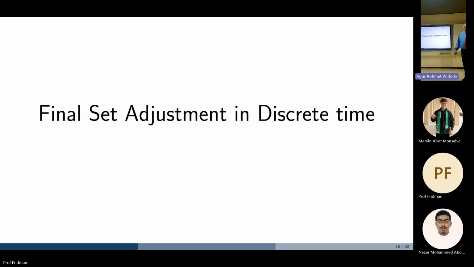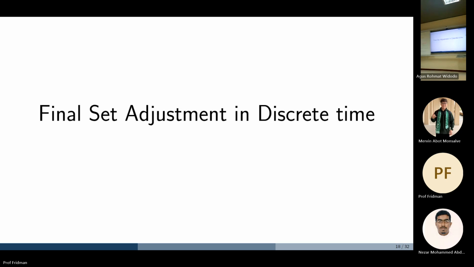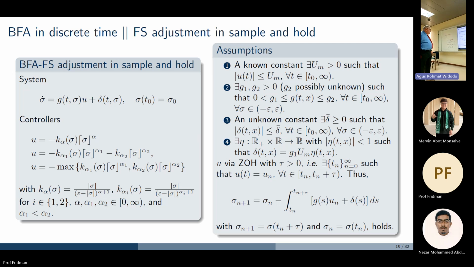And this is the last step. I'm not sure that it is already published. It is under consideration now. It is precisely how to adjust altogether the final set and the time. So, that's what has been done.